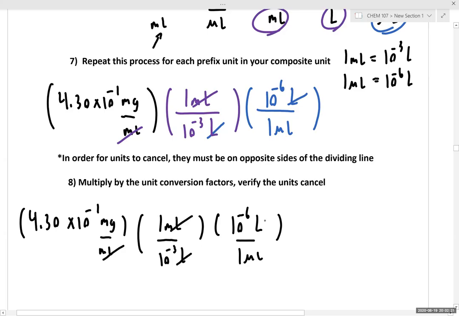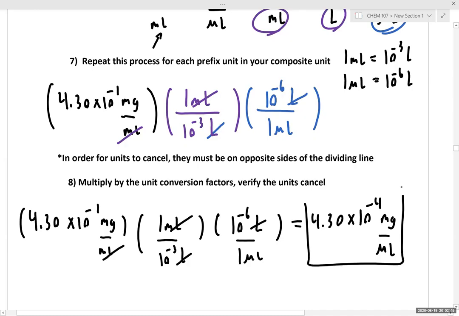Milliliters cancel, liters cancel, and we're in turn left with 4.30 times 10 to the negative fourth milligrams per microliter. And this is after you enter each of these numbers into your calculator. Does that make sense to everyone so far?